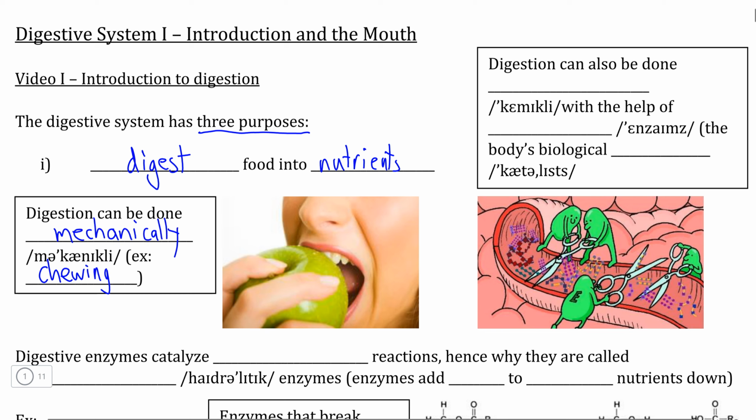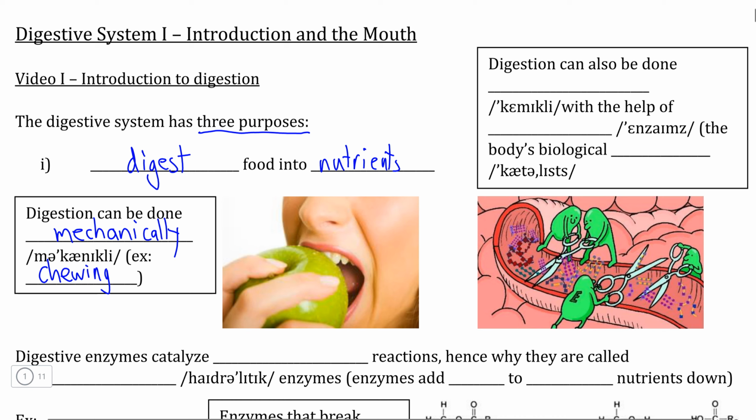We can say that this person, as they chew on the apple, is digesting the apple mechanically because they're using their teeth to cut apart the apple into smaller pieces without affecting the chemical structure of any of the compounds within the apple directly. This is simply a physical or mechanical change.